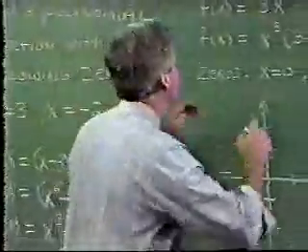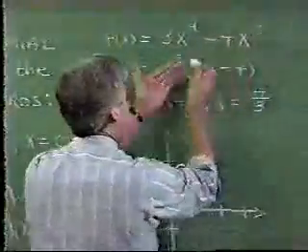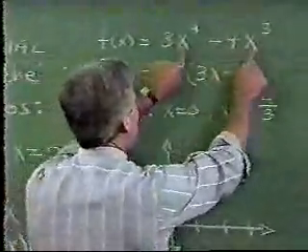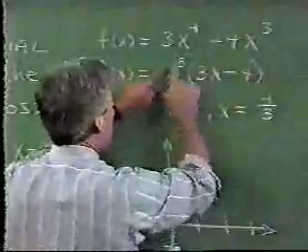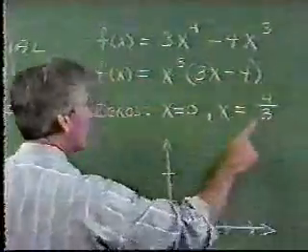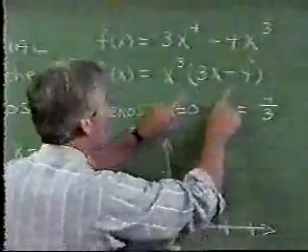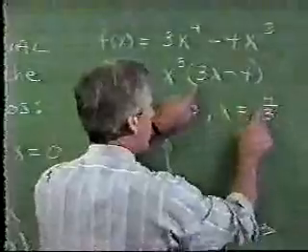Consider this one: 3x to the fourth minus 4x cubed. All right, factoring. A common factor here is x cubed. Extracting x cubed from both terms, we get x cubed times (3x minus 4). Now again, the zeros. There's a 0 at x equals 0, and another 0 where x is 4/3.